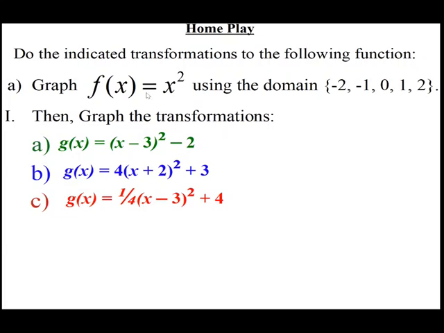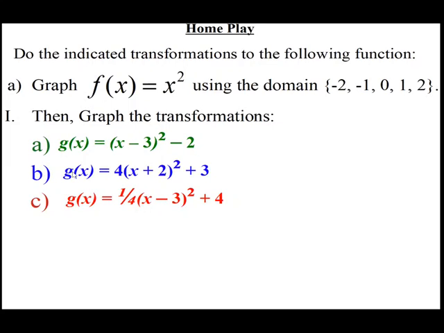However, tonight's home play reads, do the indicated transformation to the following function. Graph f of x equals x squared using the domain -2, -1, 0, 1, 2. Then graph the transformations. Part A in green, g of x equals (x minus 3) squared minus 2.